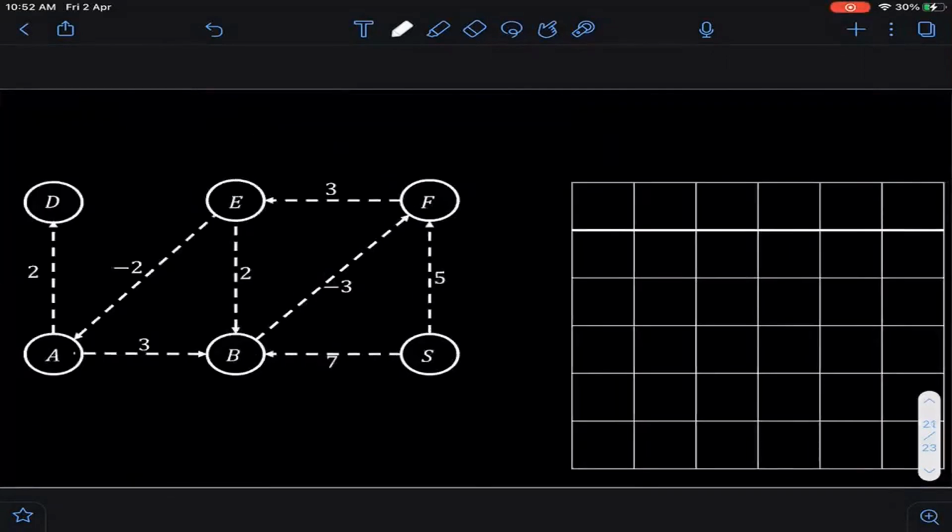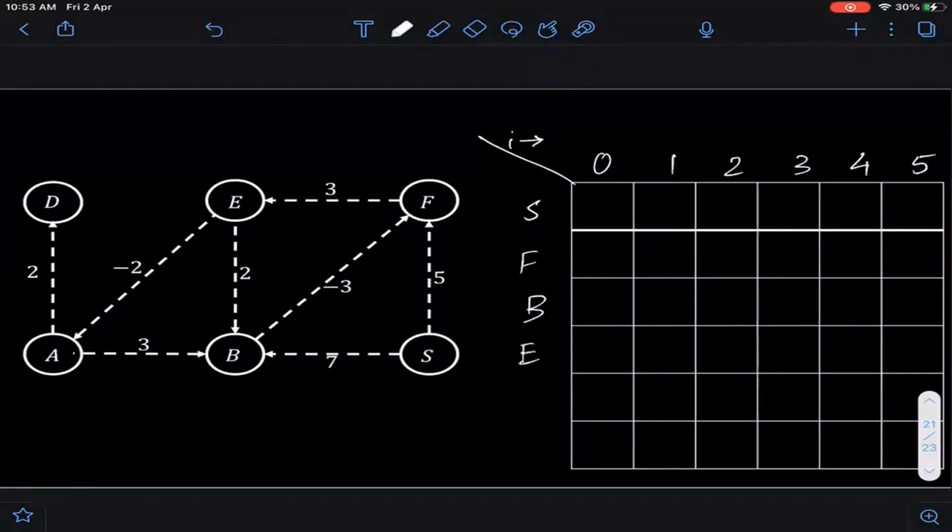Okay, so let's quickly run through this example once, because I think this algorithm is easy to write, but when you think about how the updates are going on, it's sometimes good to actually see through an example. So my columns are going here, 0, 1, 2, 3, 4, 5, and my vertices are, let's say, S, F, B, E, A, and D. You are going to help me fill this up because I tend to make a mess of these things.